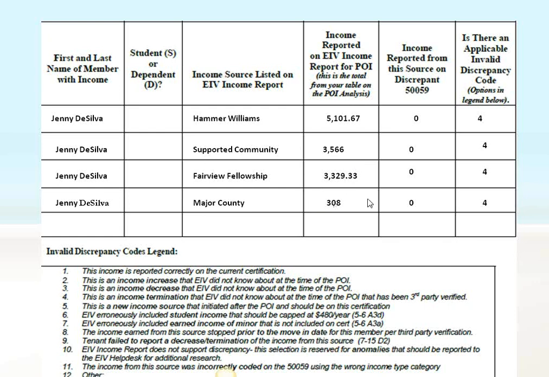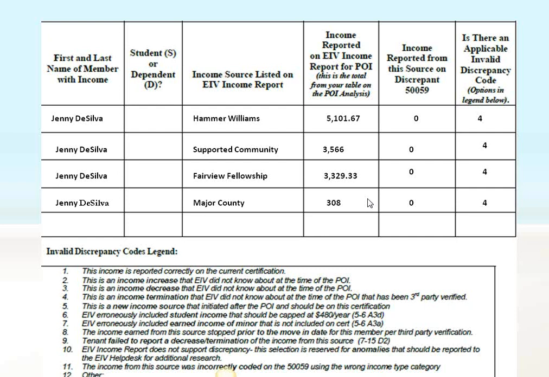But remember, if the total on the actuals column of that discrepancy doesn't prompt the $2,400 threshold, you're not even going to get a discrepancy. You're going to get that sweet one that says no discrepancy for this household. Okay.